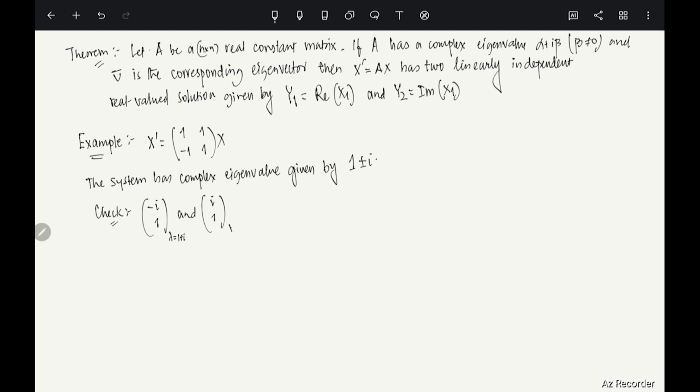Please check this part, I'm not 100% sure. But anyway, you do understand the concept, right? Please do this part yourself. These are the corresponding eigenvectors.